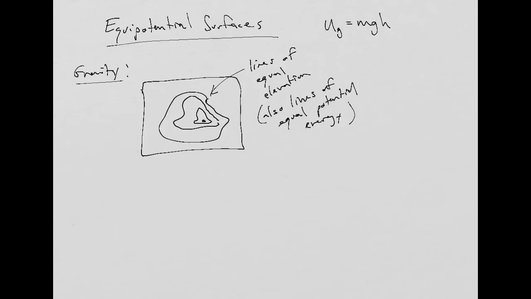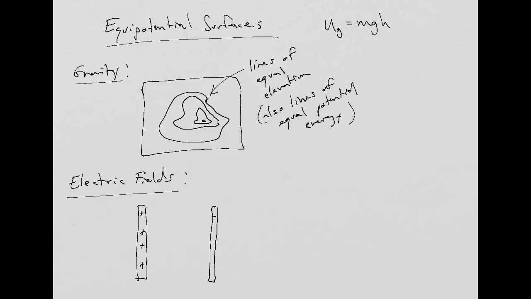All right. We did the same thing for electric fields. Right, we said that if you had two plates, something like this, plus, plus, plus. In lab, it was your job to figure out where those lines of equal potential were using a voltmeter.